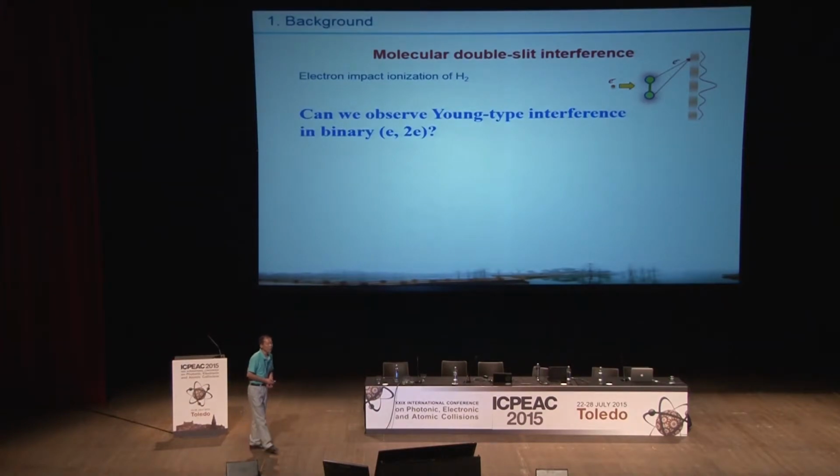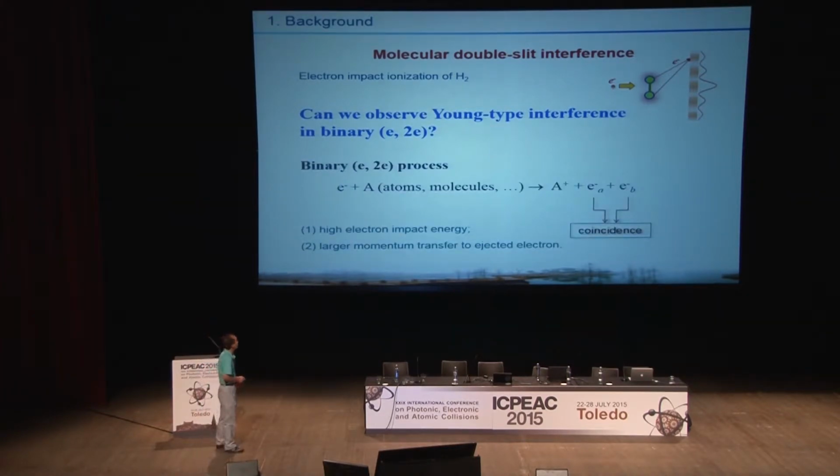Now the question is, can we observe the Young-type interference in binary (e,2e)? What is binary (e,2e)? For binary (e,2e), we have a high electron impact energy and large momentum transfer to ejected electrons. This field was introduced by the last speaker, Professor Takahashi.